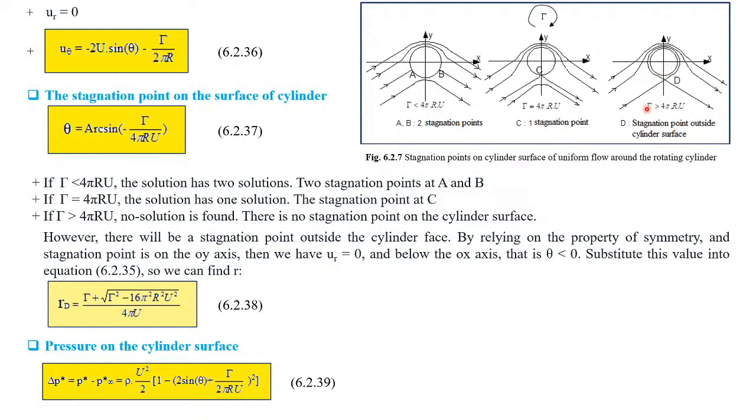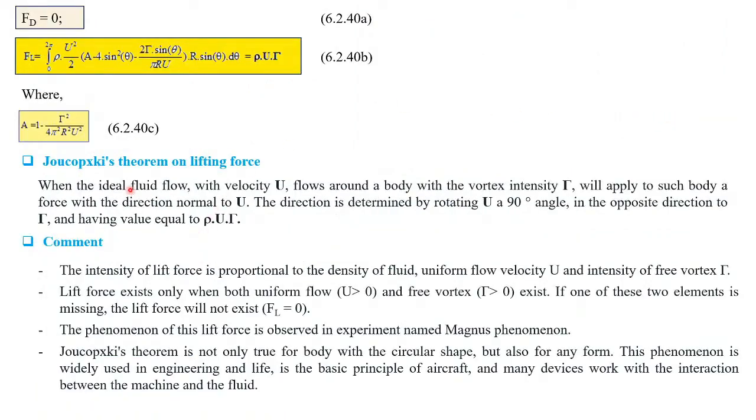This force can act on the body, remove the body from gravity, have the body fly. So this is the Joukowsky theorem. You remember the velocity U and the intensity gamma.